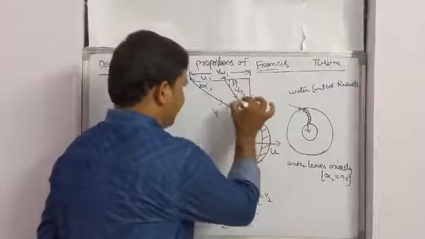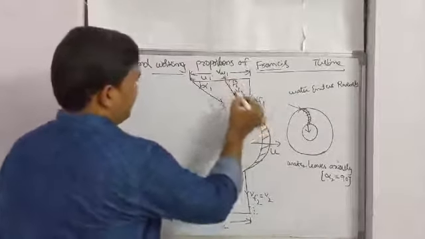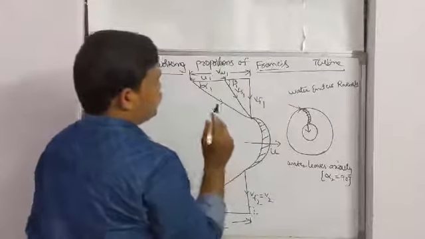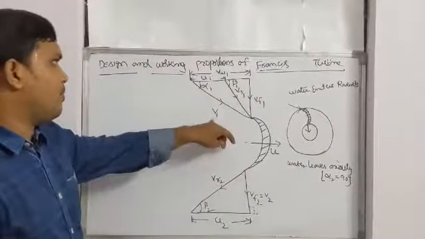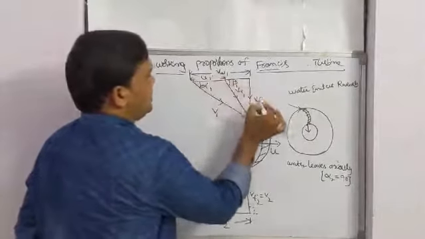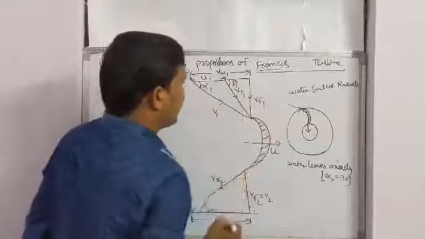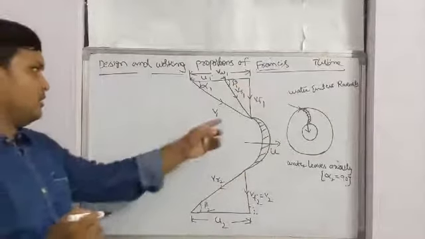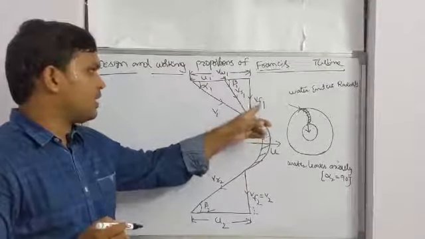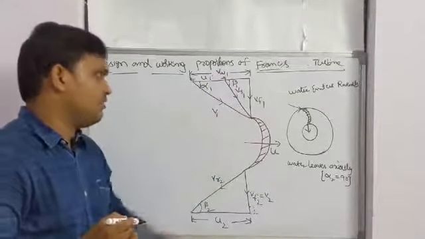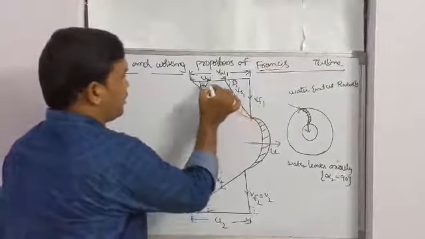This is at the inlet. There are two components of the absolute velocity vector, the horizontal component as well as the vertical component. The horizontal component is called the whirl velocity. The vertical component is the flow velocity. These are both vector components of the absolute velocity V1. So VR1 is the resultant of U1 and V1.